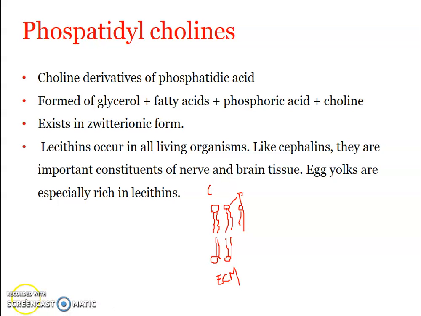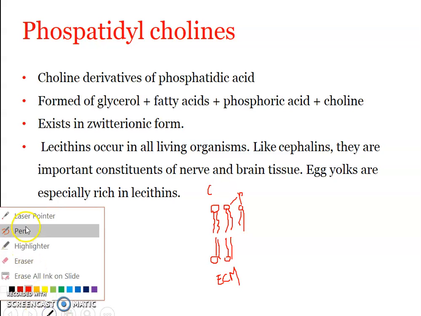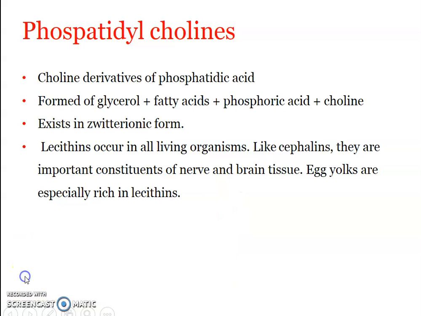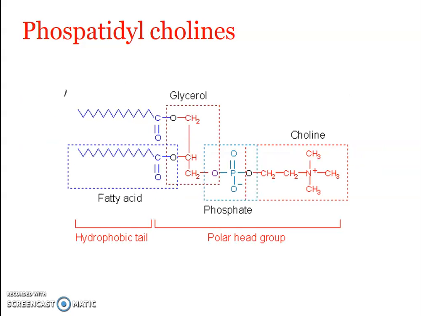So this was about the phosphoglycerides. We saw two kinds of phosphoglycerides. As per your syllabus, you are supposed to learn lecithin and cephalin. Now this is phosphatidylcholine in detail. This is the glycerol molecule, and two of the alcohol groups are esterified with fatty acids, which could be the same or different.